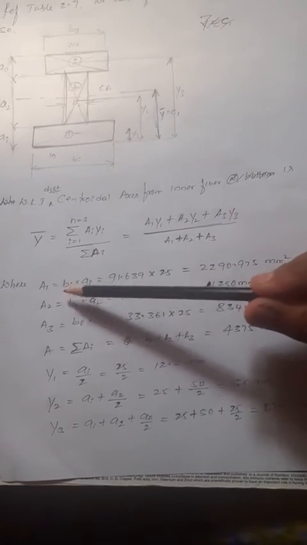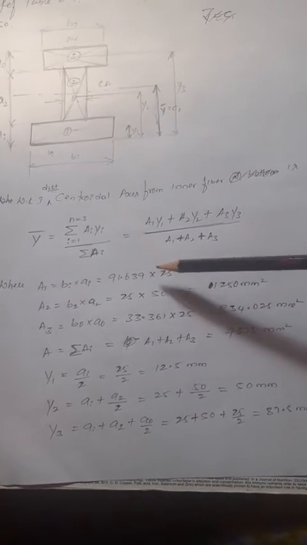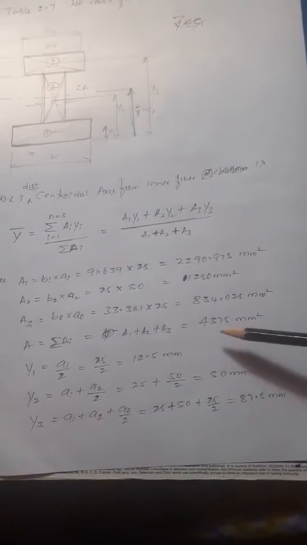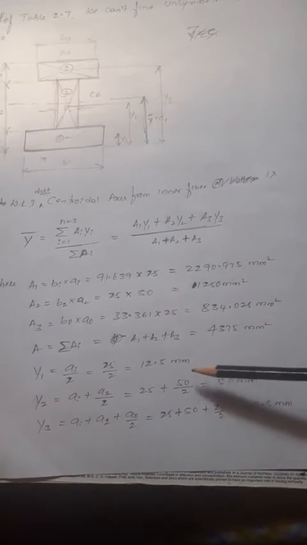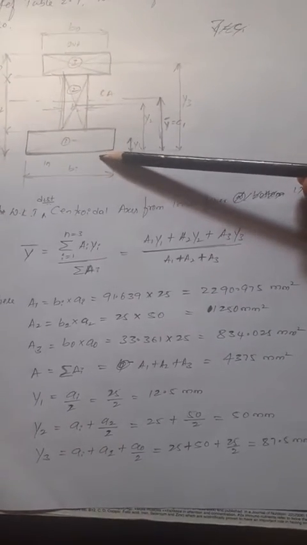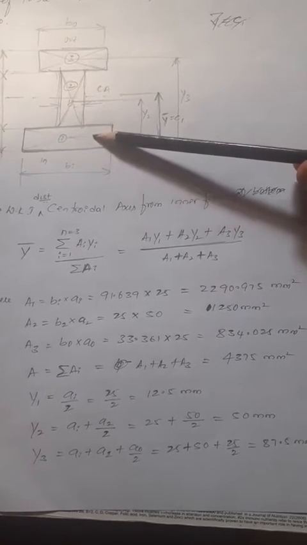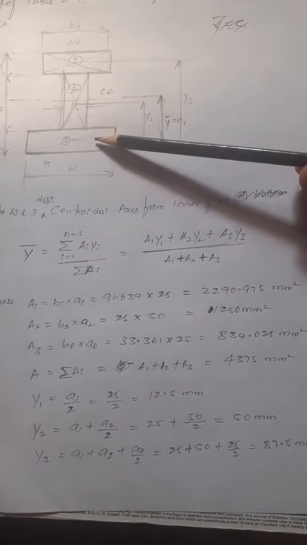Now calculate what A1, A2, A3 are, right? Then the sum, we already know this. Again, if you want you can verify it. Then Y1, Y2, Yi are the distances from the inner fiber to the center of the corresponding rectangular boxes or flanges.